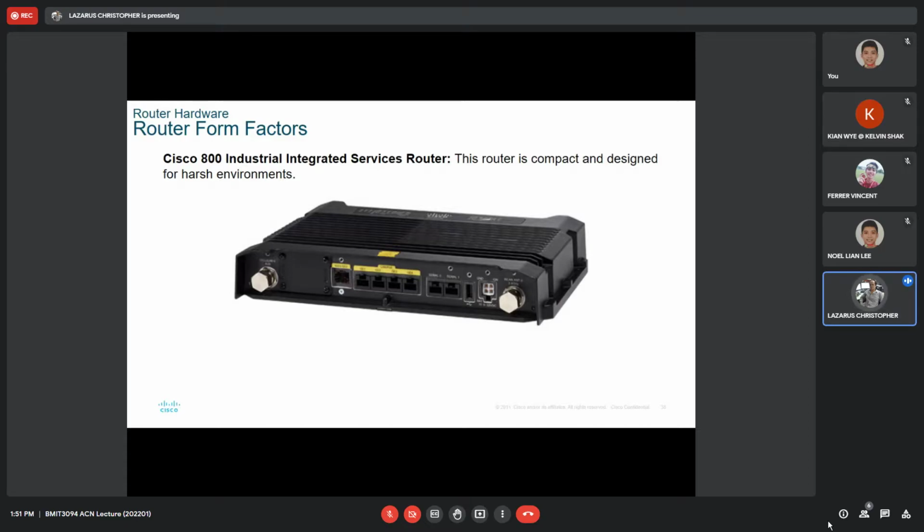What we've been looking at are the two main offerings from Cisco for switches and routers.